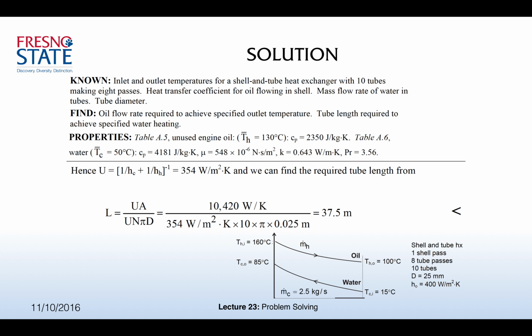So I have 1 over 400 plus 1 over 3060. If you do this calculation, your overall heat transfer coefficient, U, is equal to 354 watts per meter squared Kelvin. Therefore, I have my U.